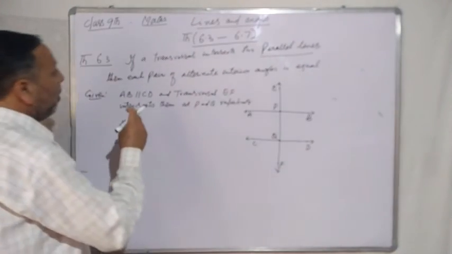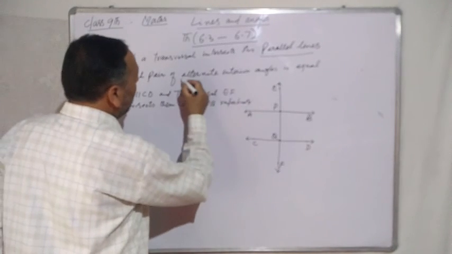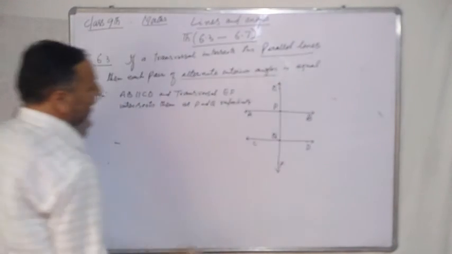Now, what we have to prove? Each pair of alternate interior angles are equal. We have to prove that alternate interior angles are equal.